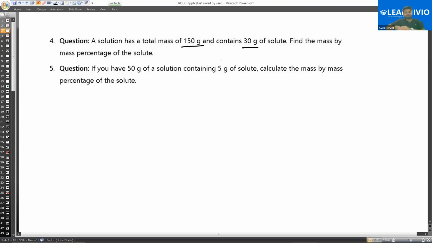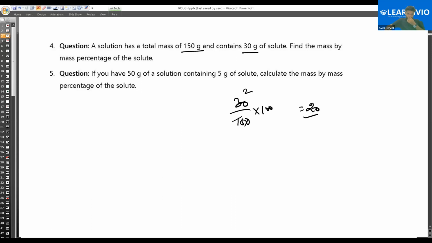Find the mass percentage. Okay, 30 divided by 150, and you will get 20%. Yes. Second one. Sir, 10%.